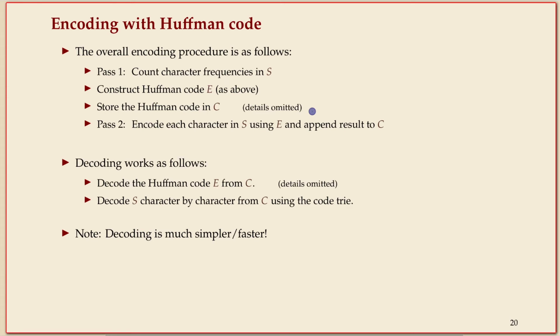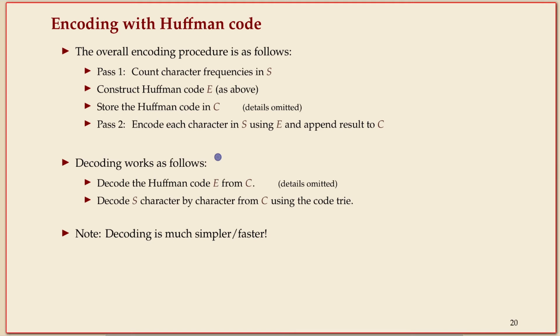I don't want to get into this detail, but I want you to remember that you have to store the Huffman code as part of the coded text. It's not really something you can get around. And then the second pass, once you have your code, you go through the text again and encode each character using its code word, as we've seen in the example.